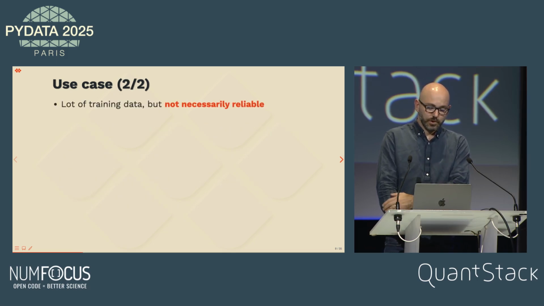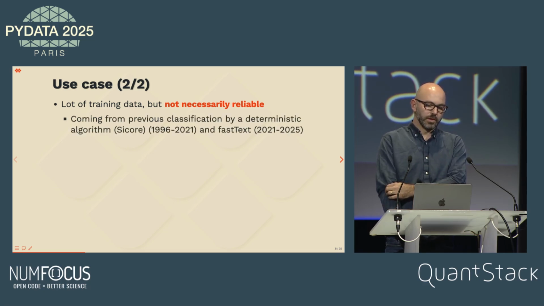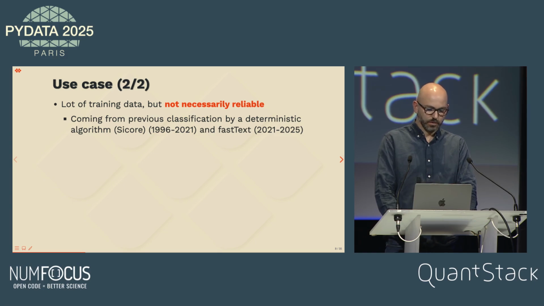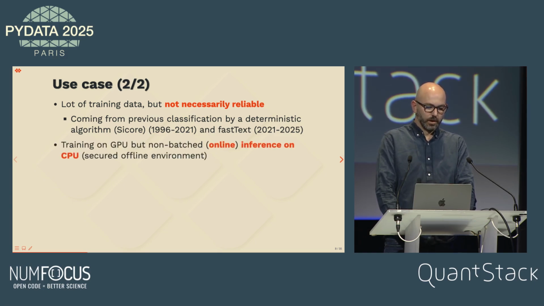For the training data, we use what we had from previous classification, either by a deterministic algorithm or a fastText algorithm we have used since 2021. One big constraint is that we can do training on GPU, but we have to do inference on CPU.